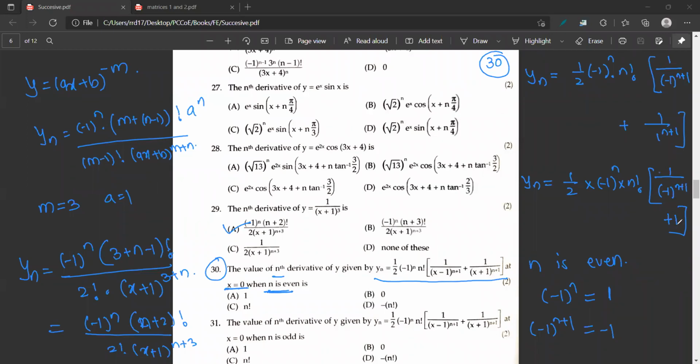So -1 plus 1 in bracket, what will be its answer? 0. So yn is directly going to be equal to 0. Try to understand, it's a very important technique. You just have to put the value of x and go on solving it. Clear? Yes, sir.